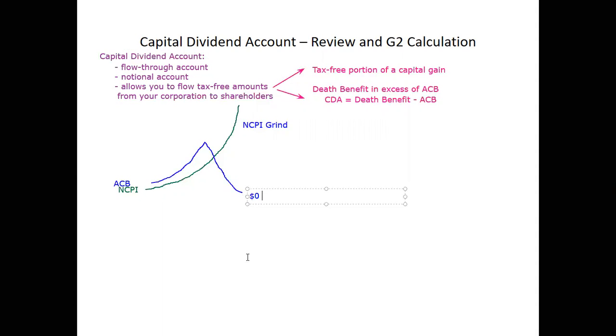So if you happen to live long enough, eventually your ACB for an insurance policy will hit zero. That's good. So we grind that thing down. Okay. Questions there?